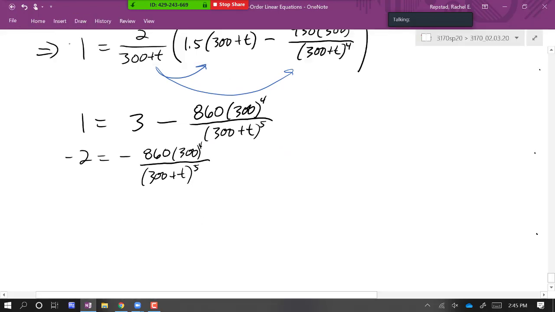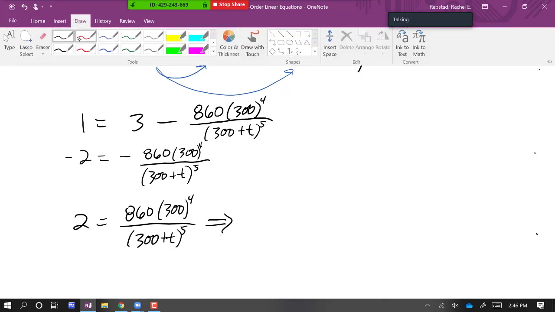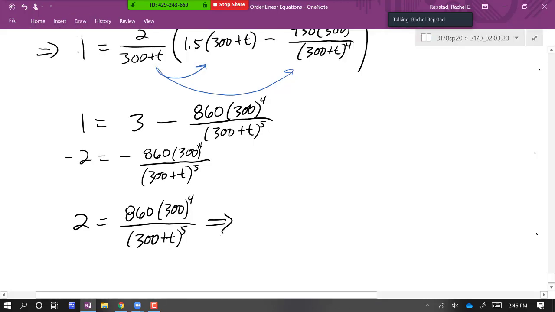And then I'm just going to get rid of the negatives. I think we can multiply both sides by 300 plus t to the fifth over 2.